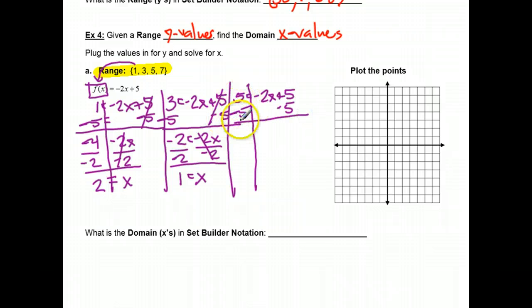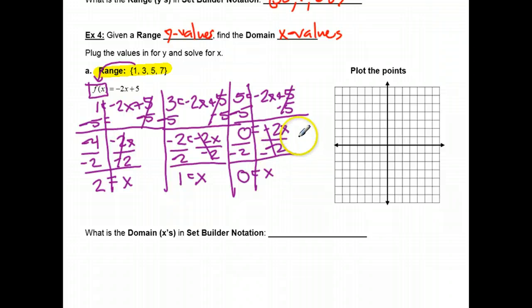So on the left side, 5 minus 5 is 0. Bring down the equals. Only thing left here is -2x. Now to get the x by itself, I do the opposite, which is divide by -2. Do that on the other side. X is by itself equals 0 divided by -2 is 0.